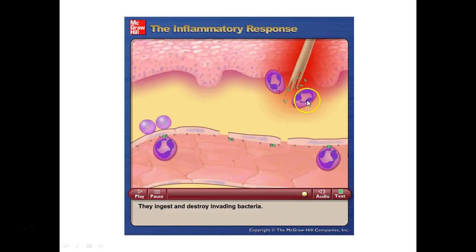So if you take A&P 2 lab, you actually have to identify these cells under the microscope. So under the microscope, these cells have a very unique nucleus. It's actually multi-lobed. See how it has multiple sections to it? And they usually have cytoplasmic granules, but they're not very distinct from their cytoplasm.